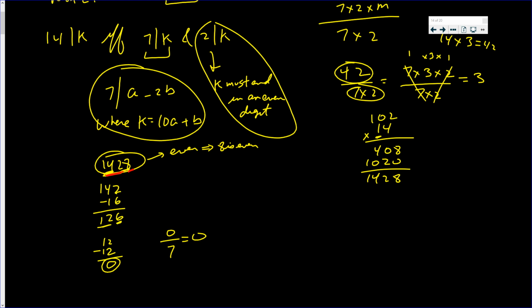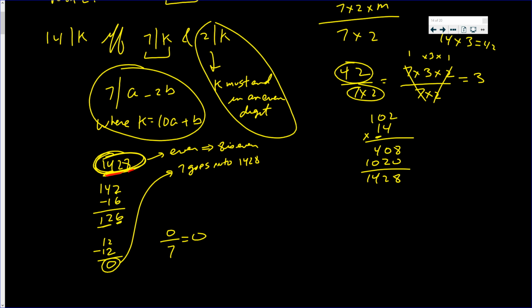So 7 goes into 1428. That is, this number is a multiple of 7 and it's even. So, no question about it, it's divisible by 14.